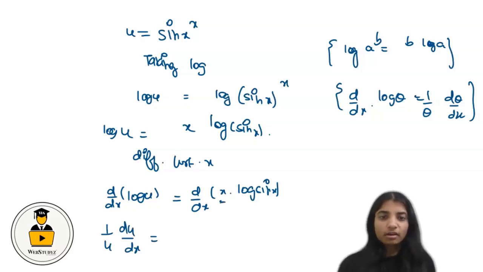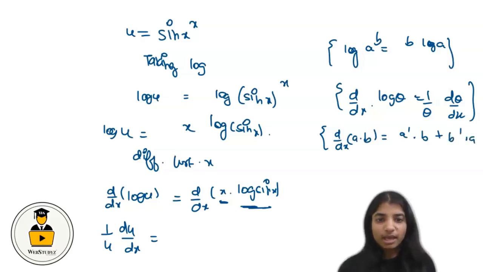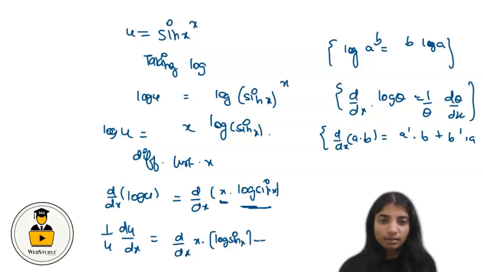Now here this is the multiplication of two functions, and whenever we have two functions, d divided by dx of a multiplied by b is equal to differentiation of a, b will remain as it is, plus differentiation of b, a will remain as it is. So this becomes d divided by dx of x multiplied by the log of sine of x, plus d divided by dx of log of sine of x, which is multiplied by x.